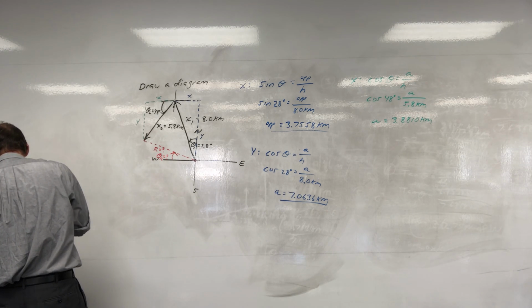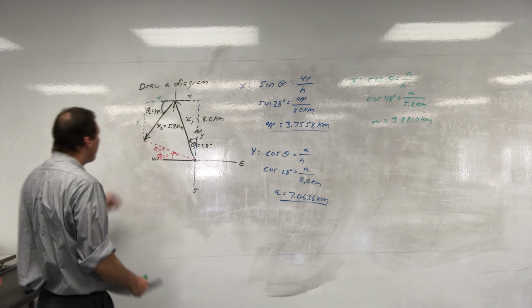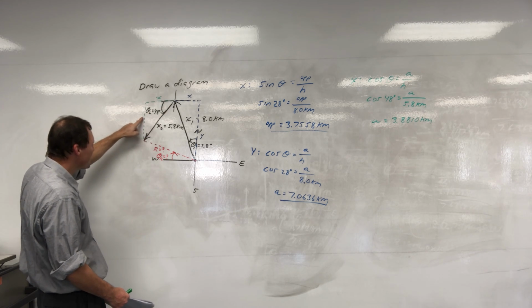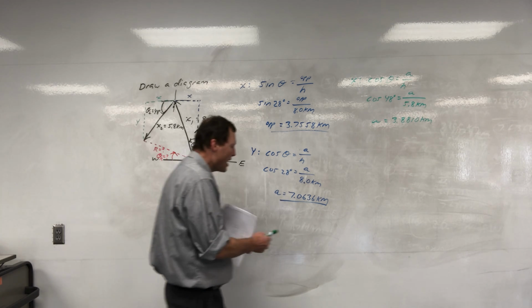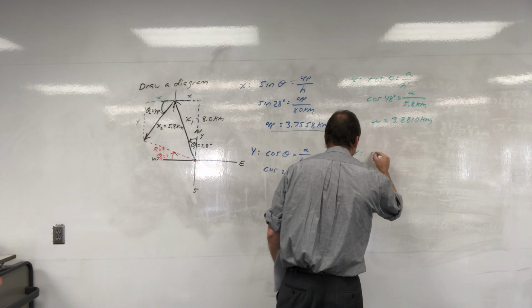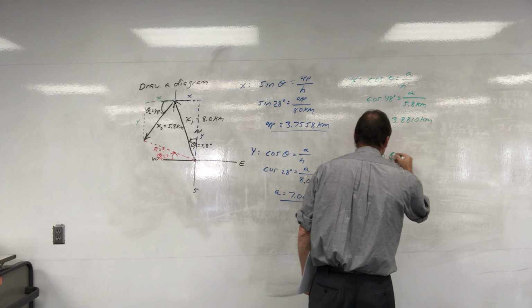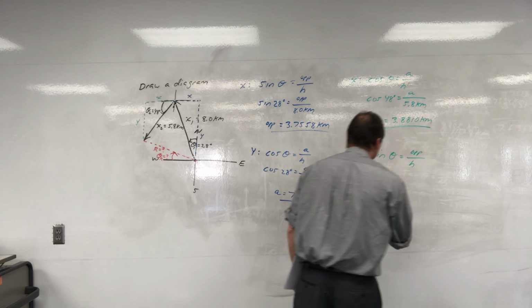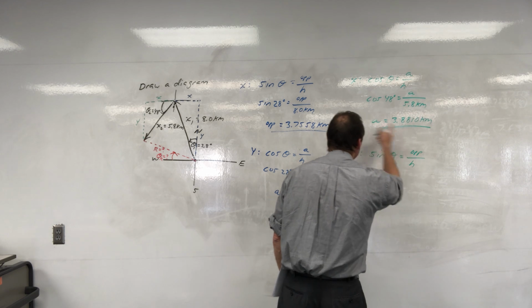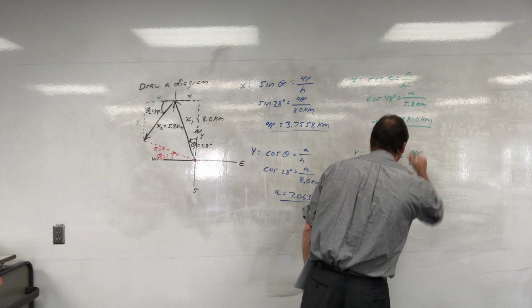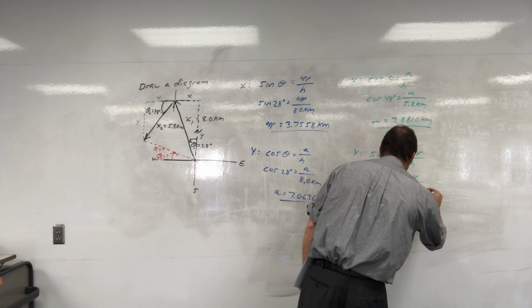Now let's do the same thing for this y component right here. Now this y component is going to be the opposite side. So I'm going to have to use sine to figure out that opposite side. So opposite over hypotenuse, and sine 48 degrees equals the opposite over 5.8 kilometers.